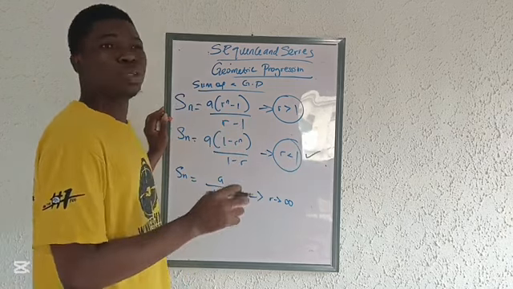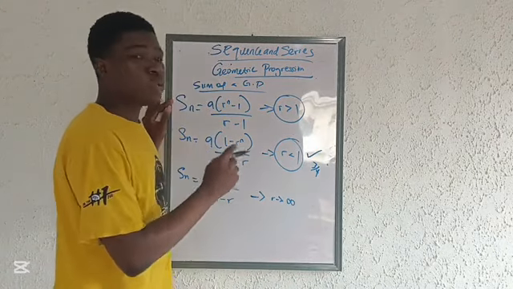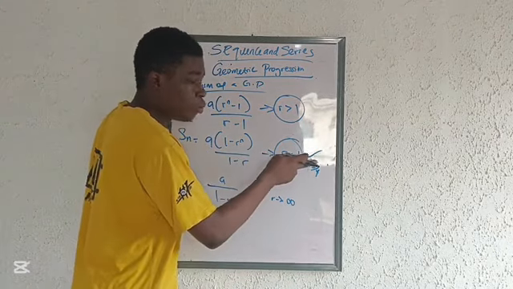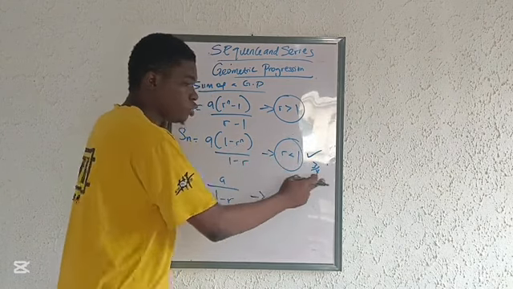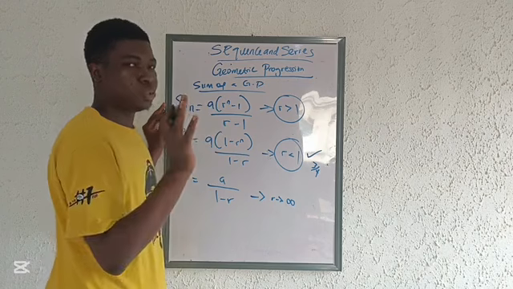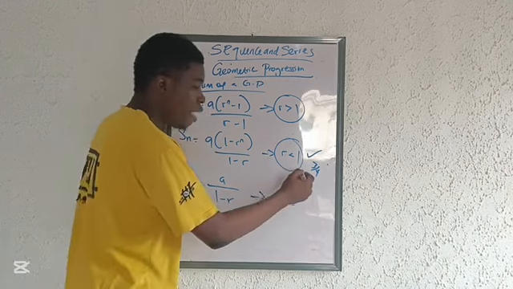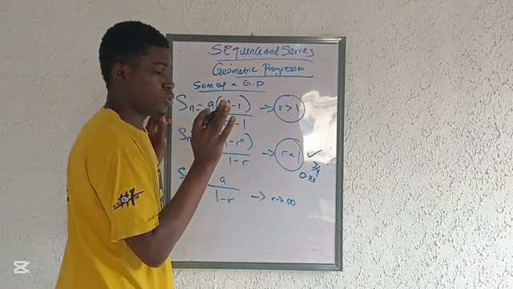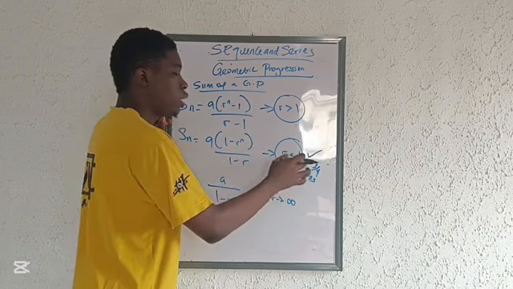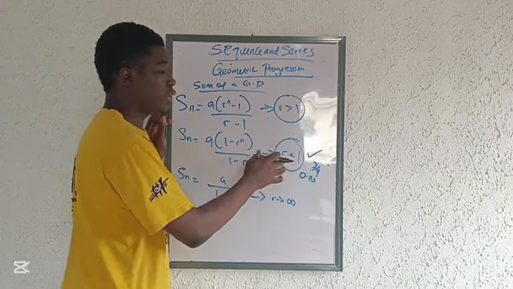A proper fraction means that your numerator is less than your denominator. The numerator is the one up, the denominator the one down. Once your fraction is proper, it falls under r less than 1, because every proper fraction is always less than 1. Do you get it?